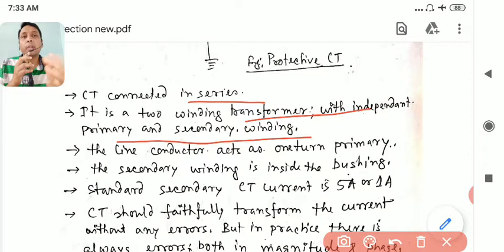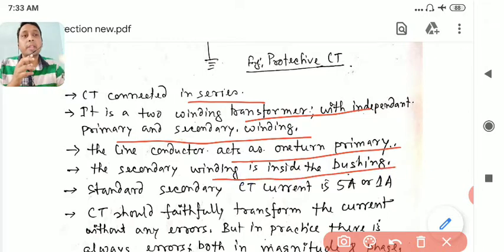These are two separate windings. The line conductor acts by itself as a one-turn primary, and the secondary winding is inside the bushing. That is where the CT is connected. So the secondary winding is inside, and the primary winding just passes through it. That is a single line wire, which we consider as a one-turn primary. The standard secondary CT current is 5 ampere or 1 ampere.